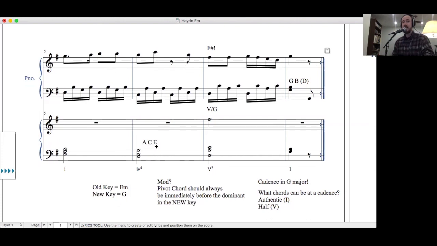It's this A, C, E. Is the ACE chord shared between E minor and G major? It absolutely is. Look, it's iv in E minor, and it's shared with G major. What do we call the A minor chord?